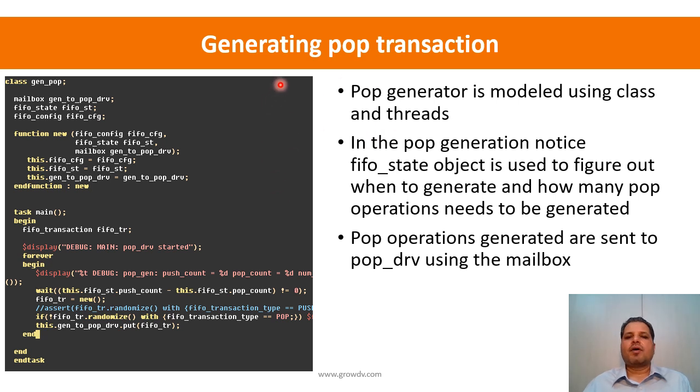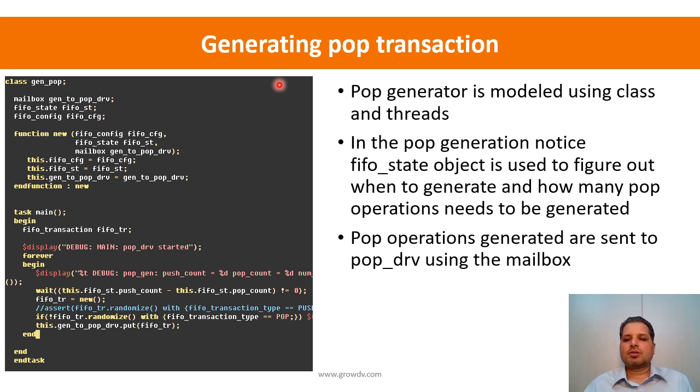Okay, so far I think we have completed the complete loop of push generation. We saw that we had gen push, and it was using the information from the configuration to generate the push, and then that incremented the push count in the state, and then the generated transaction was put in a mailbox.